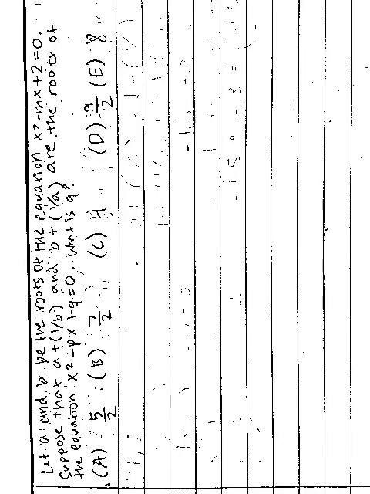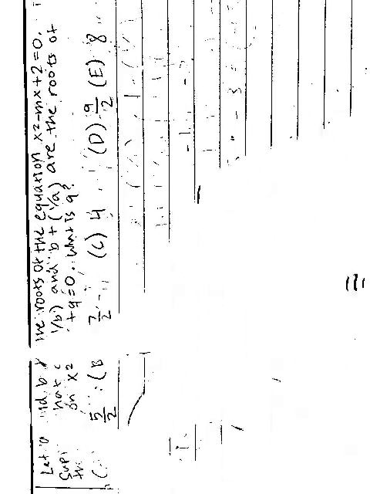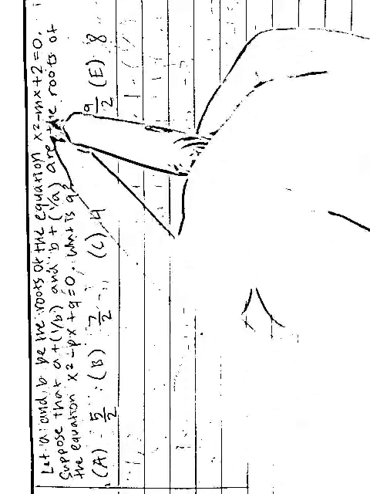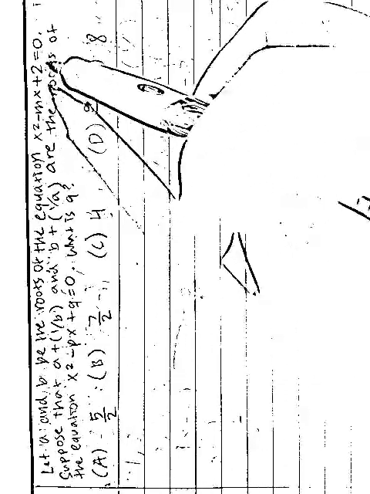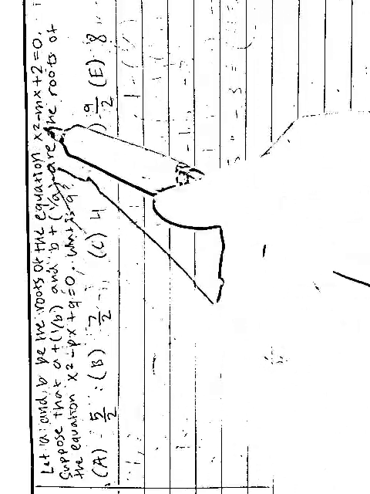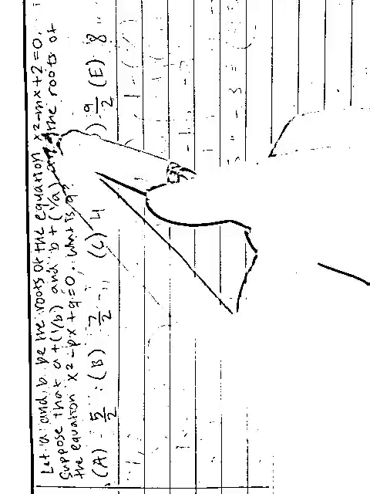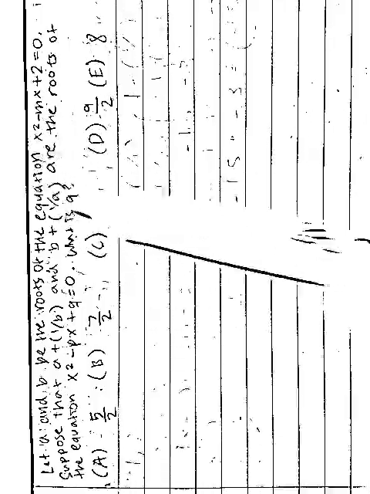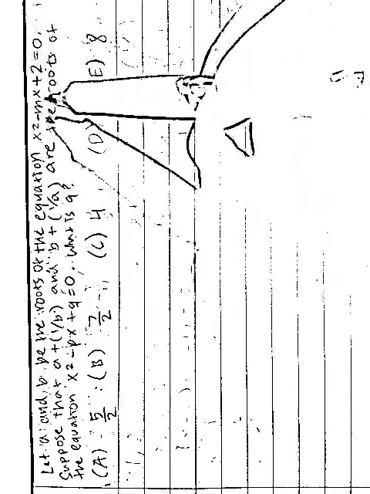It is actually quite simple because you know that a and b are the roots of the equation x squared minus mx plus 2 equals 0. And to find the solutions for x in any quadratic equation, you must factor it out.